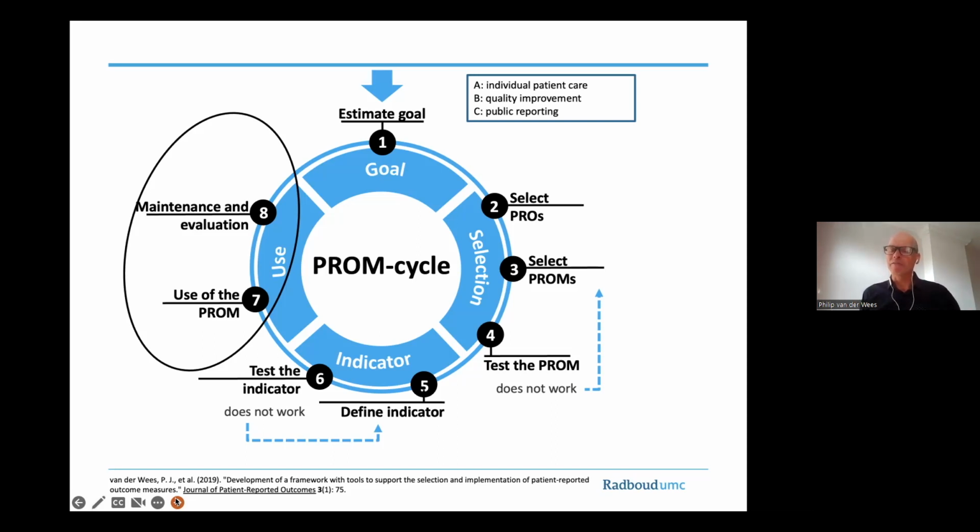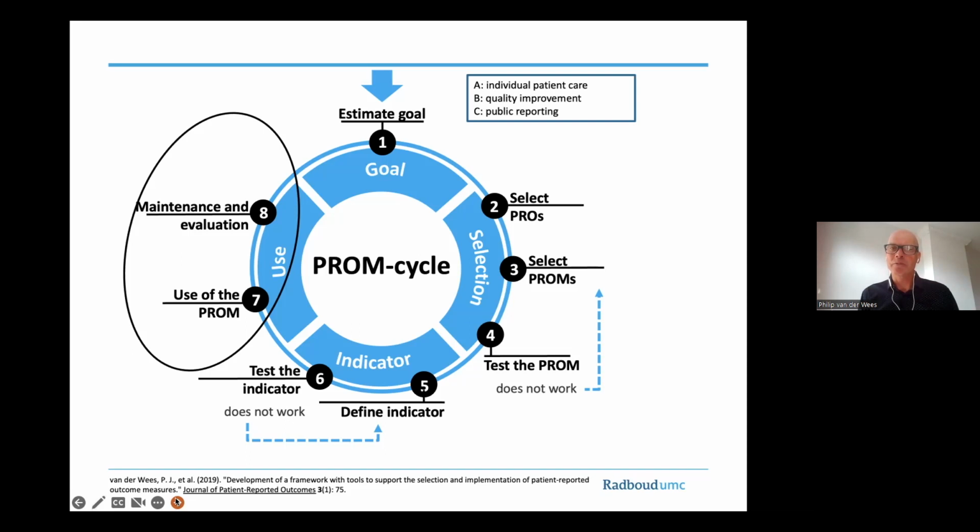So what we have done is that we use feedback reports. The aggregated feedback reports of the outcomes that physical therapists reach in their treatments are being fed back through dashboards, which are initiated through the electronic health records.